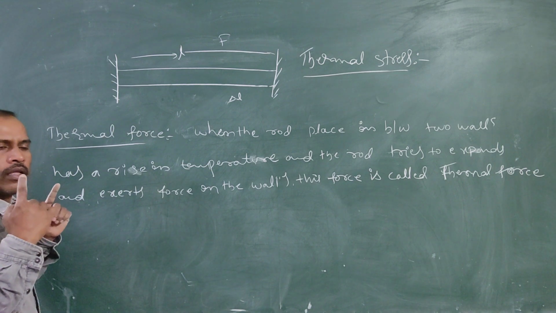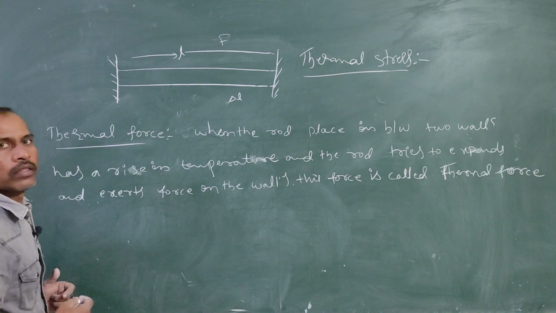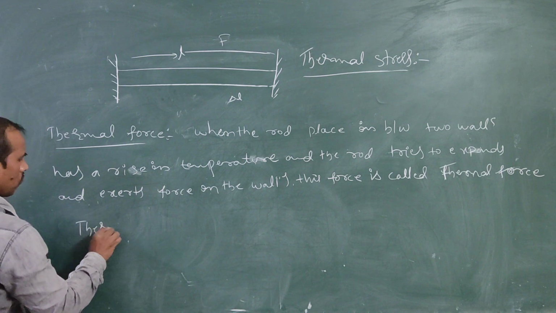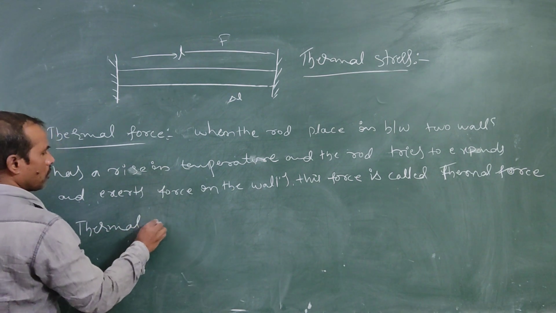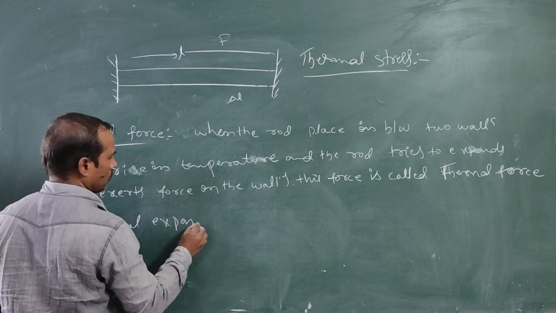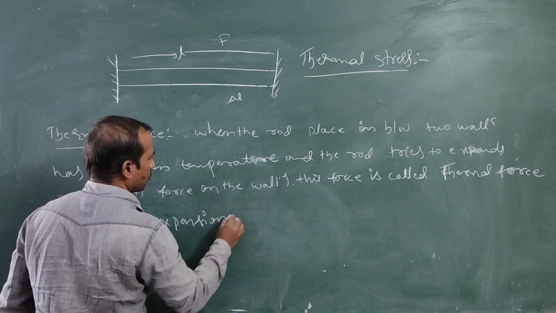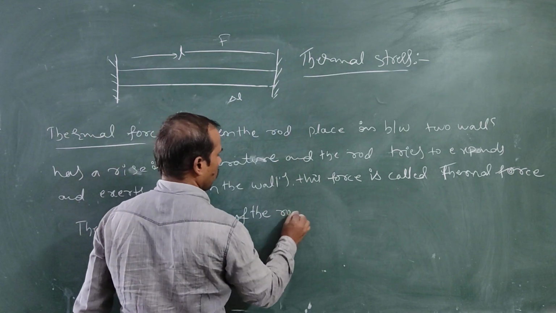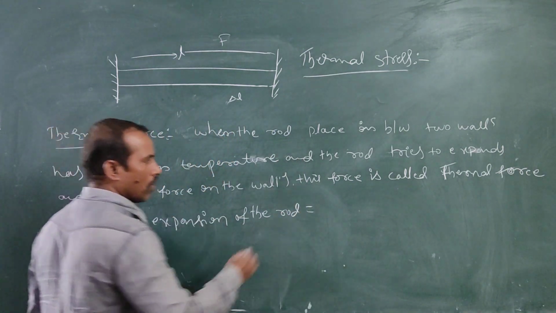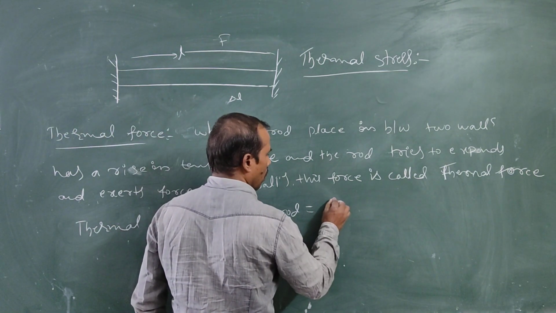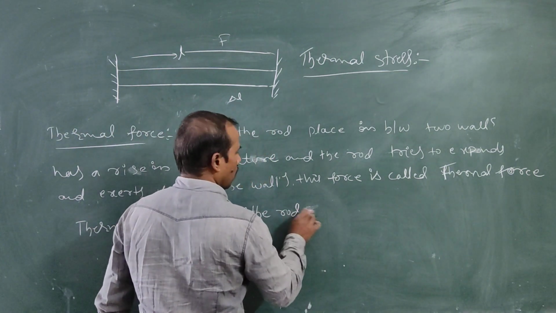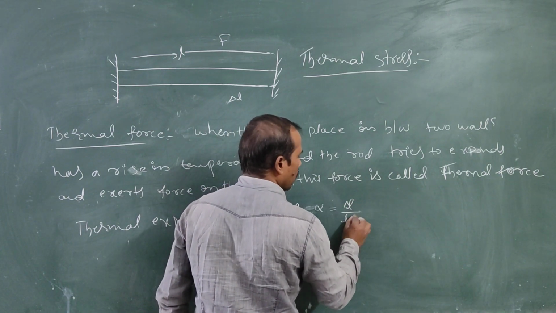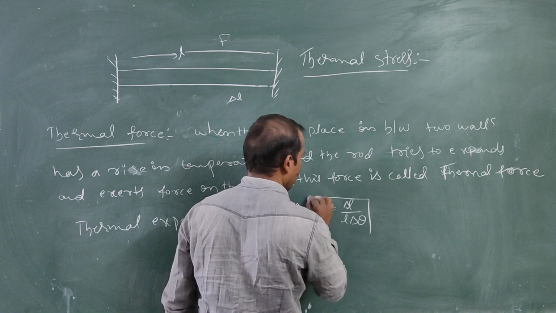Now, thermal expansion of the rod: alpha is equal to change in length by original length into delta theta.